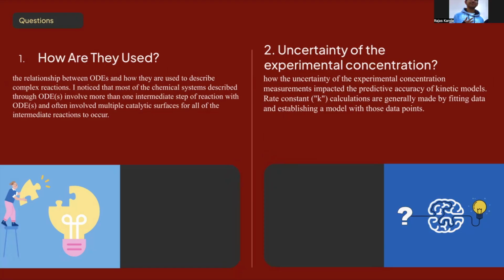Furthermore, another question that I had was how the uncertainty of the experimental concentration measures impacted the predictive accuracy of kinetic models. Rate constant k calculations are generally made by fitting data and establishing a model with those data points. Therefore, any small error that is produced in the experimental measurements for the concentration would also have some degree of impact on the solution of the ODE.